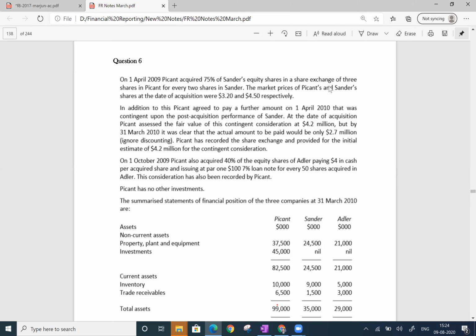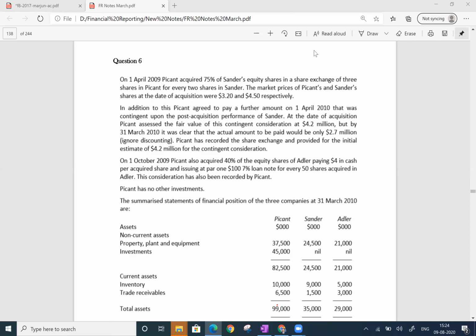In that technical article, there was something mentioned about contingent consideration. Now read this question. On 1st April 2009, P acquired 75% of S's equity shares in a share exchange of 3 shares in P for every 2 shares in S. The market prices of P and S shares at the date of acquisition were 3.2 and 4.5.